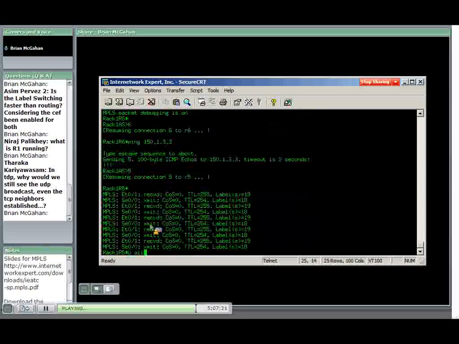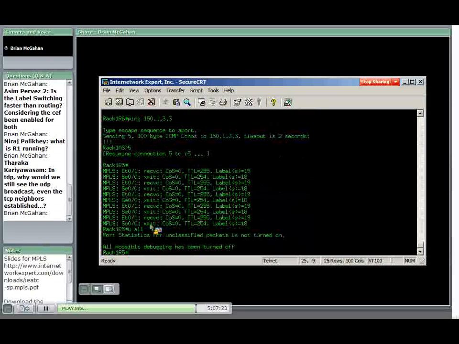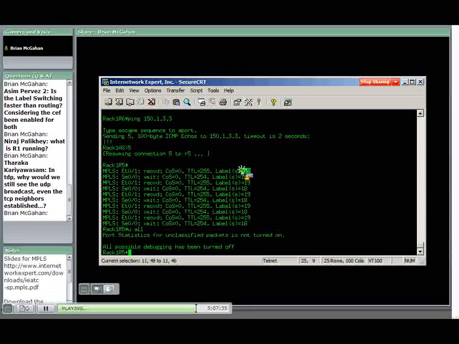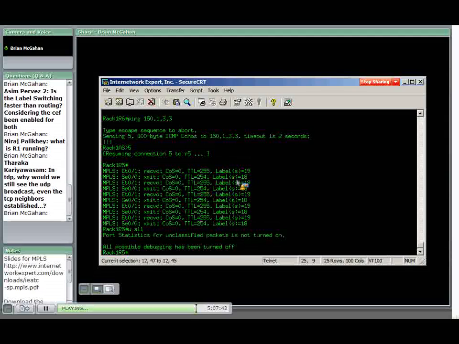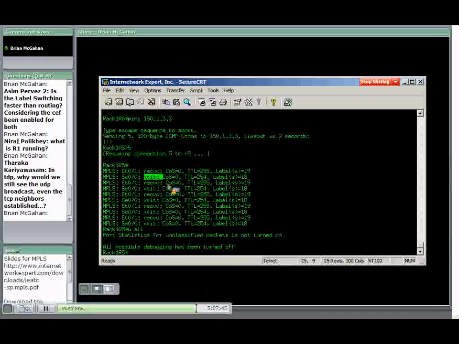When we go to router 6 and say show MPLS forwarding table, we should see 19 as the outgoing label, which it is. A lot of the time that we're debugging this week and doing verification, it's going to directly relate to this MPLS forwarding table.